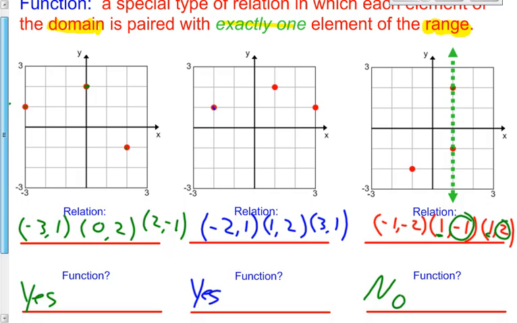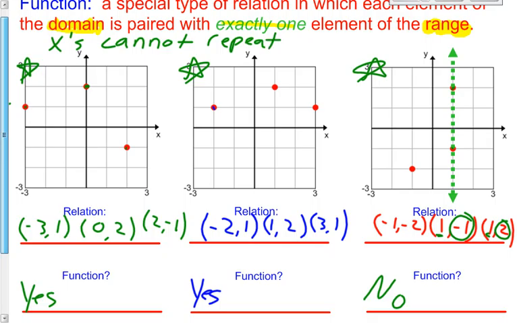Class, I feel like this is pretty easy to tell using these graphs right here. Sometimes you aren't given the graphs. All you're given is the relation or the ordered pairs. So here's one thing that I want you to write down in your notes. It helps me anyway. In order for it to be a function, the x values, the x's, cannot repeat.